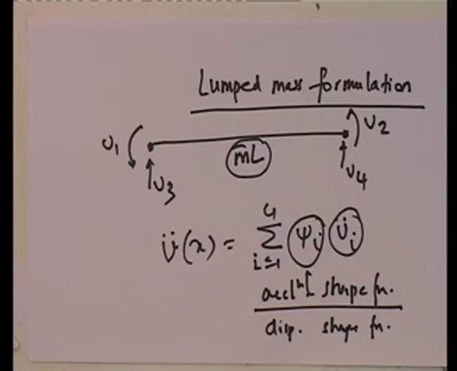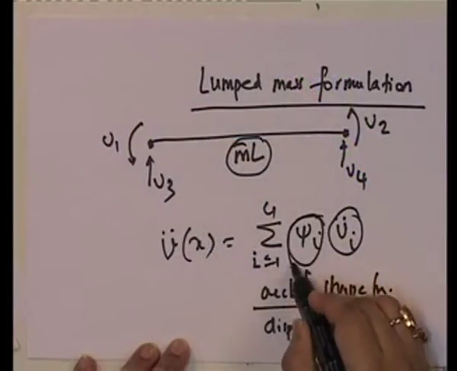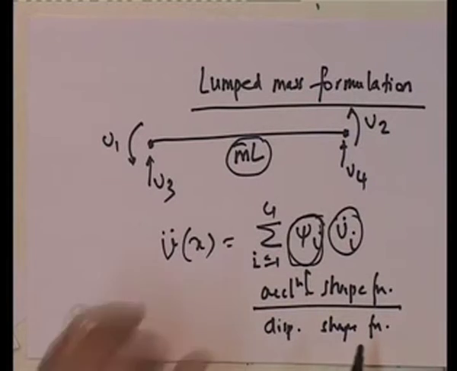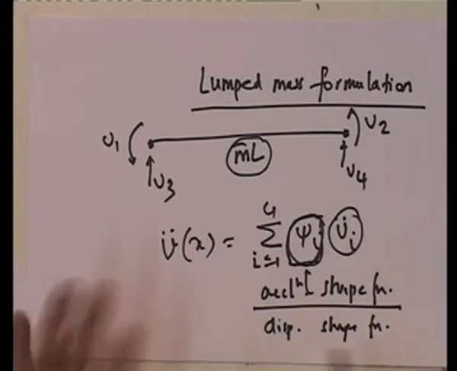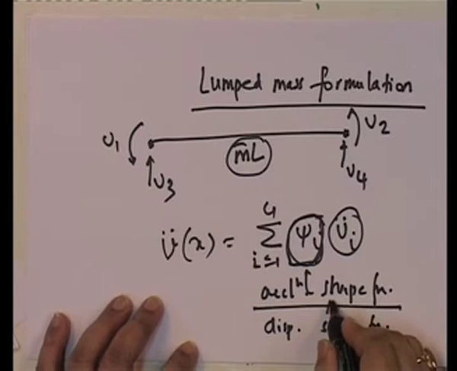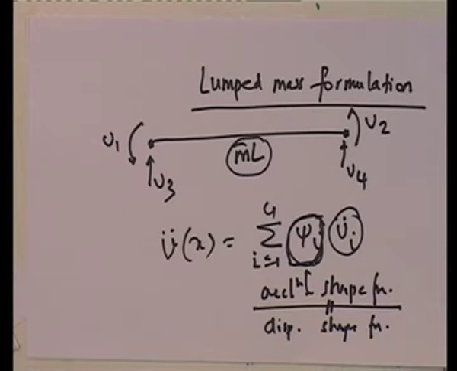Now, for displacement shape function there is no other thing that we can do. But for the acceleration shape function, okay, it is not obvious that we have to follow the same procedure. Okay. So, the consistent mass formulation follows this procedure, no question. The consistent mass formulation says that these are equal to each other.